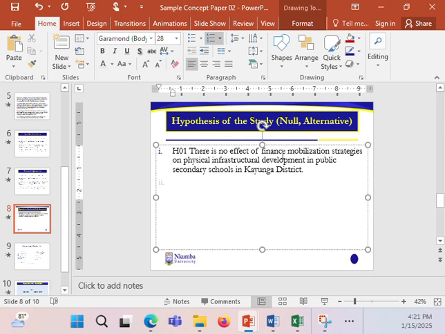When finance mobilization strategies were there, infrastructure was not there at all, that's negative. Finance mobilization strategies were there, infrastructure development was also there, then that is positive. That's when you state the alternative hypothesis.